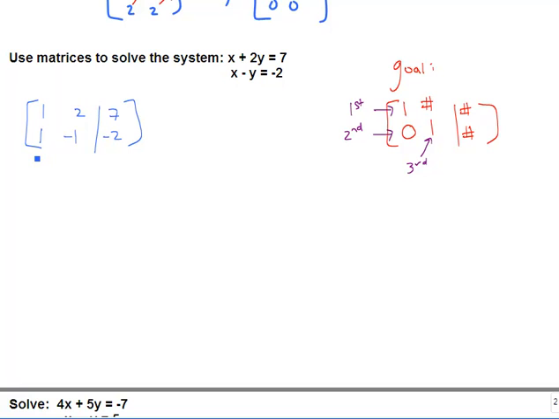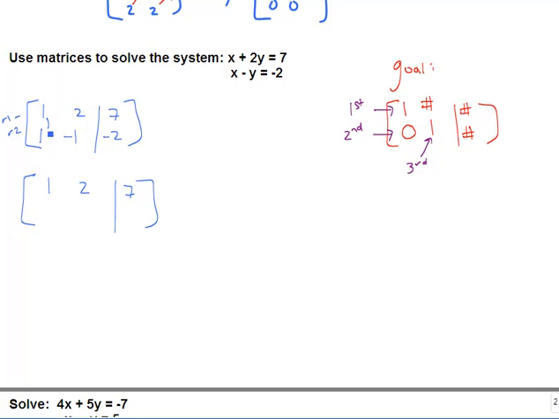So one option here would be to take row 1 minus row 2 and just subtract these 2 values. So if we did that, I'm going to keep my top row the same because it has the 1 in that upper left corner that I want to have, so we don't want to ever change that. So let's keep that top row the same from this point on.